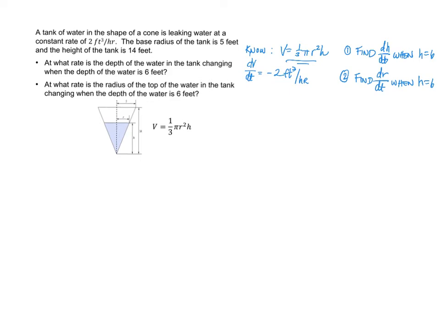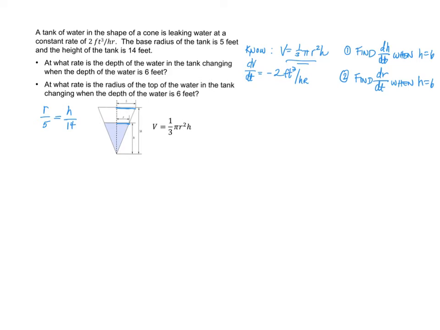And so we know that r is to 5, so the radius of this tank, is to the radius of this tank, as the height of that tank, so h, is to 14. And there are different ways to set those ratios up. So you may have set yours up differently. You may have said r is to h as 5 is to 14. That's also fine.